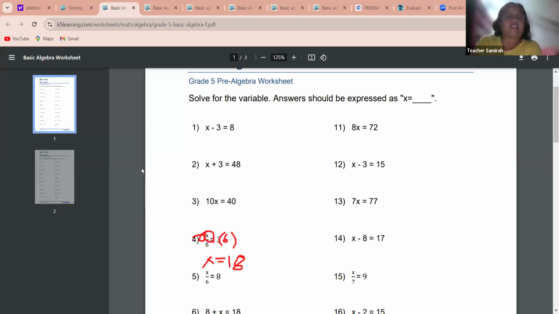We multiplied 6 to 3 because we multiplied 6 to x on the left side, because we needed to remove the denominator of 6.